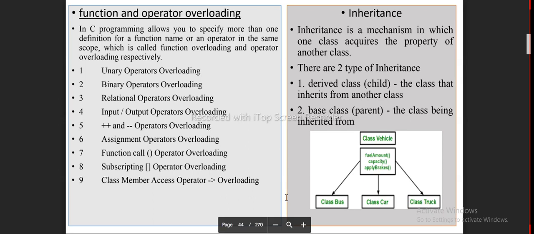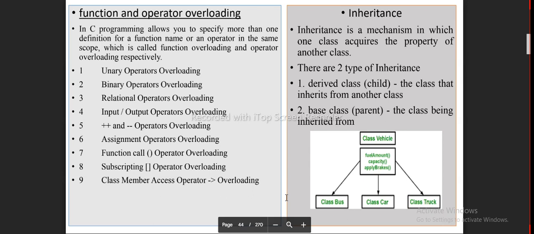Relational operators overloading. 4. Input-output operators overloading. 5. Logical operators overloading. 6. Assignment operators overloading. 7. Function call operator overloading. 8. Subscripting operator overloading. 9. Class member access operator overloading.